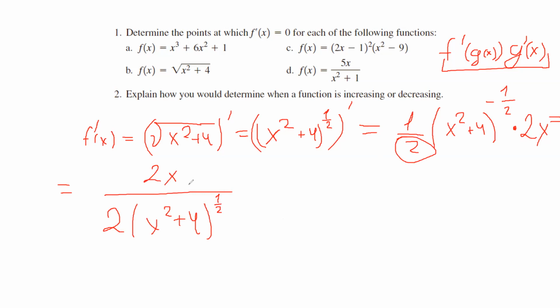Oh, it's going to be 2x in the denominator, right? Yeah, it's going to be 2x. So this is what I'm getting as a result. So this is my equation of the derivative, and now I need to find when it equals 0 and the denominator doesn't equal 0.